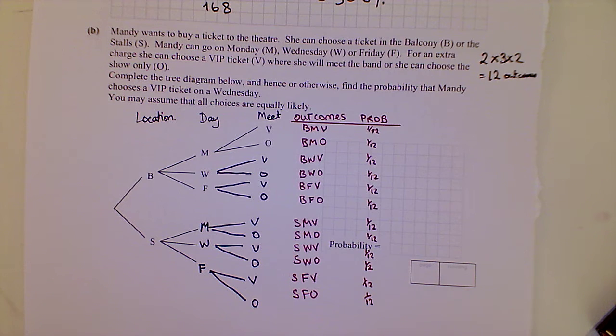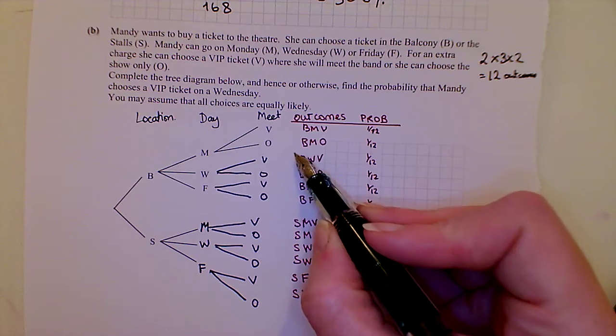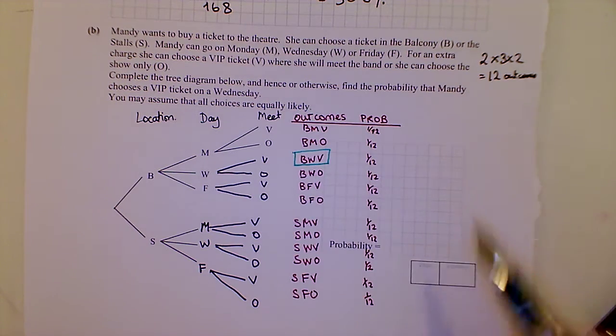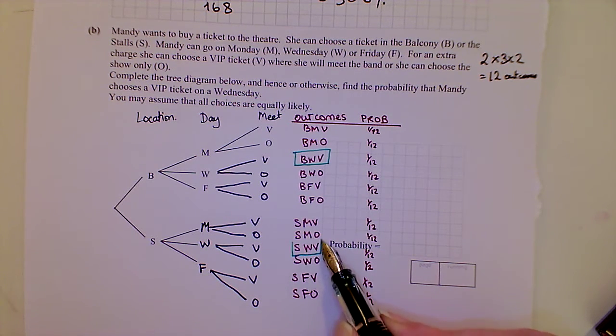Complete the tree diagram below and hence or otherwise find the probability that Mandy chooses a VIP ticket on Wednesday. So she could choose a VIP ticket on Wednesday on the balcony, or she could choose a VIP ticket on Wednesday through the stalls.